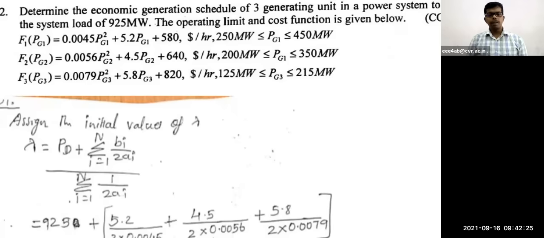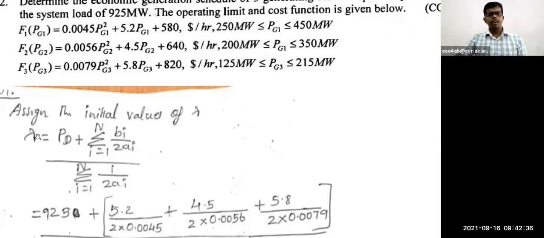Even if a mistake happens, you can easily find it. Steps also carry marks. Don't simply write the formula and then just write the lambda value, then PG like that. If you do that, only 2 or 3 marks will be given, even though the answer is correct.